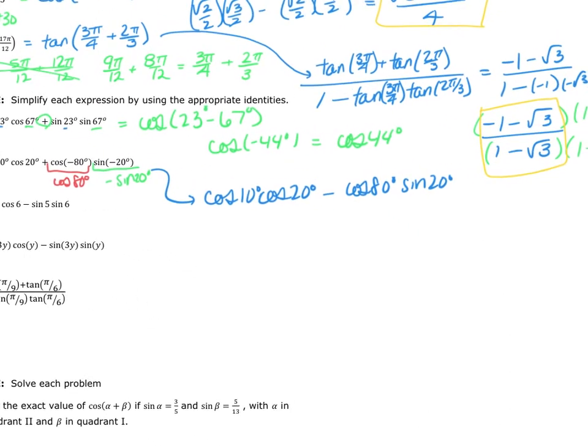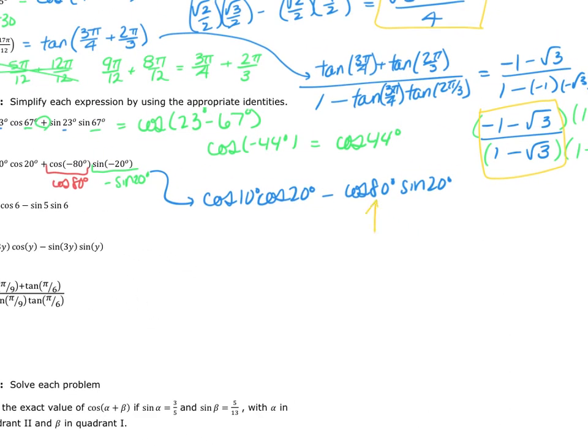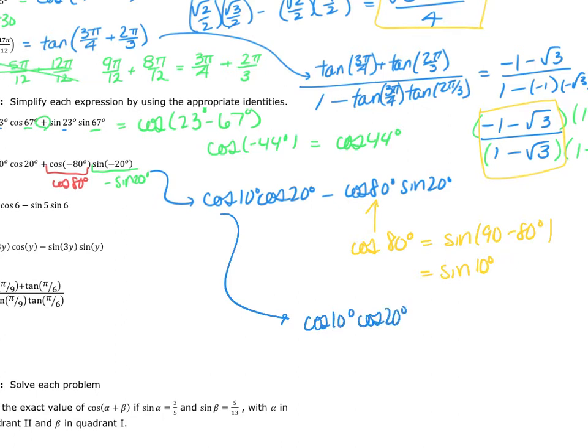However, what we know is that the cosine of 80 degrees is the same thing as the sine of 90 minus 80 degrees. This is that whole cofunction thing here. So this is going to be the sine of 10 degrees. In other words, we are now at the cosine of 10 degrees, the cosine of 20 degrees, minus the sine of 10 degrees, the sine of 20 degrees.